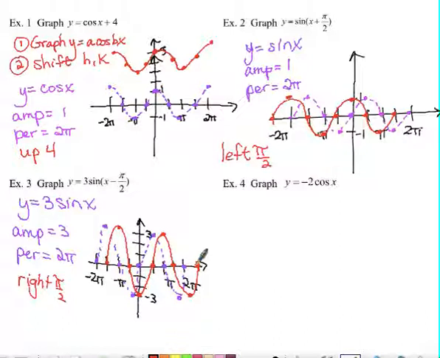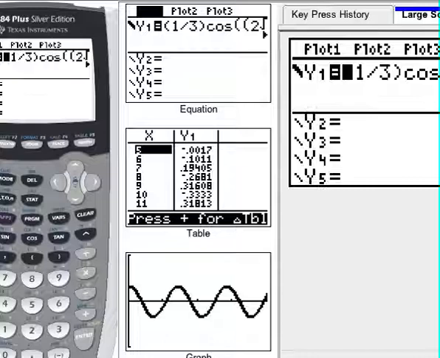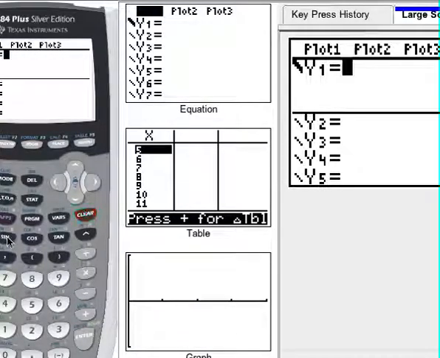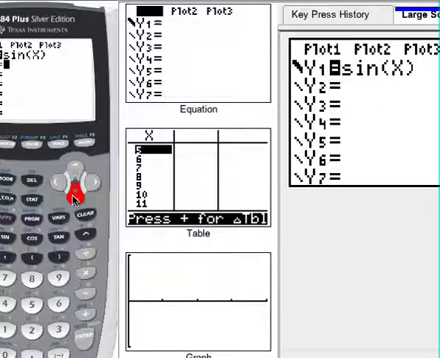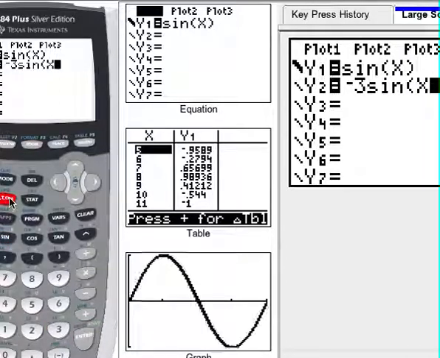Okay, let's go ahead and take out the graphing calculators a moment before we do example 4. I want to do a small exploration here. I'd like you to go to your Y screen, clear out anything you have in there, and put sine x, and then put negative 3 sine x. Let me say that again.